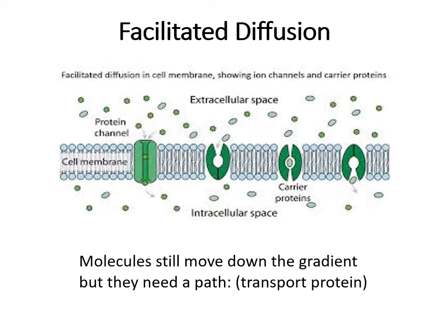Okay, so here's an example of facilitated diffusion. And it's showing ion channels and carrier proteins, right? So there's the extracellular space, so anything outside of the cells.